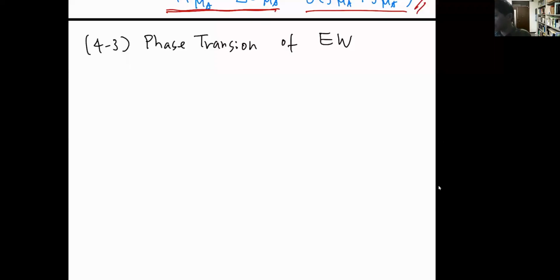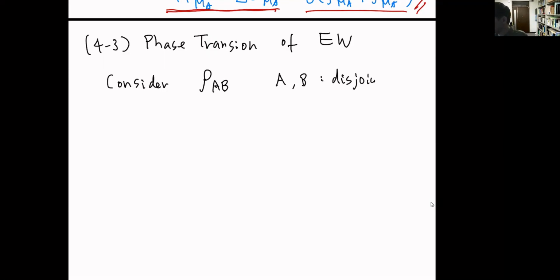We already talked about the phase transition phenomena of mutual information, and this is basically related to that, just an interpretation from the viewpoint of the entanglement wedge. So we consider the same thing: rho AB, where A and B are disjoint, disconnected subsystems, regions.